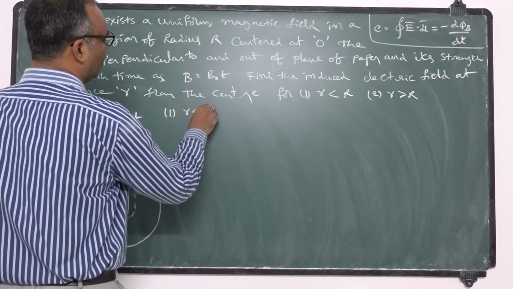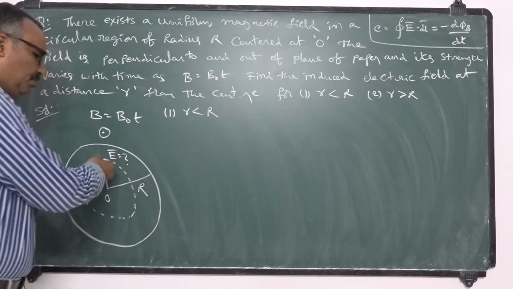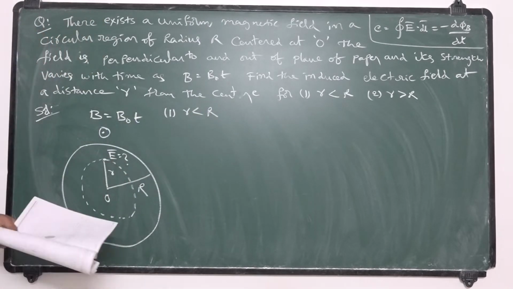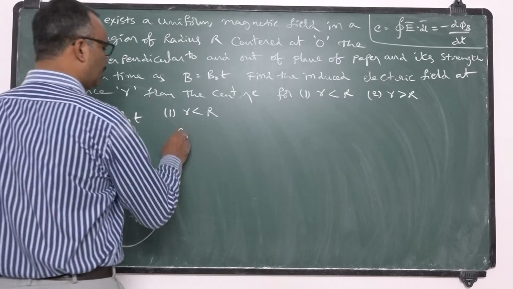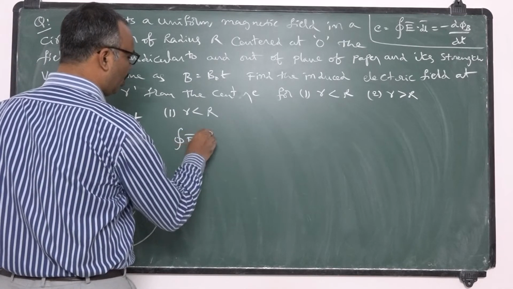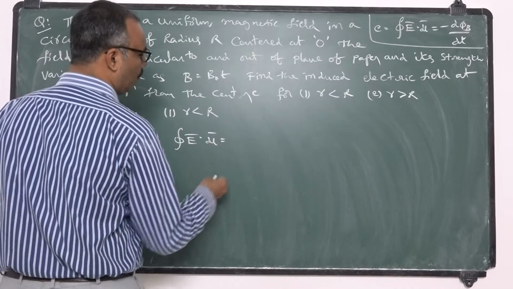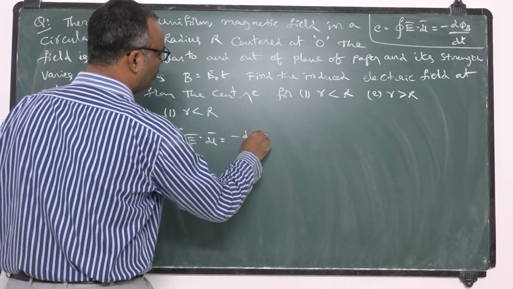Small r is less than capital R. So clearly small r is located inside the region of the given magnetic field. We would like to find the induced electric field here. The general formula for induced electric field is closed integral E bar dot dl bar is equal to minus d phi B by dt.